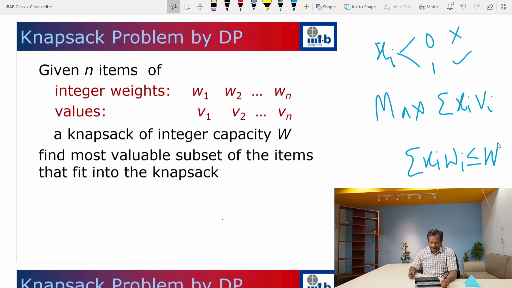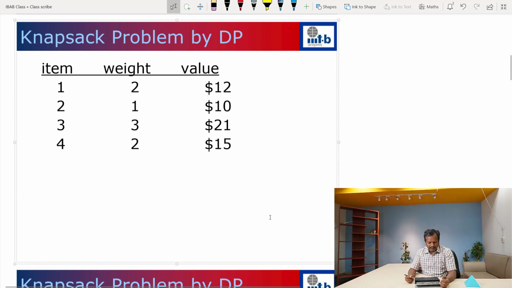Let's look at one example. You're given the items, with both values and weights as seen here. The weight here means that the weight of the first item is 2, the weight of the second item is 1, the weight of the third item is 3, the weight of the fourth item is 2, and the corresponding values are given on the right hand side. We want to pick these items.